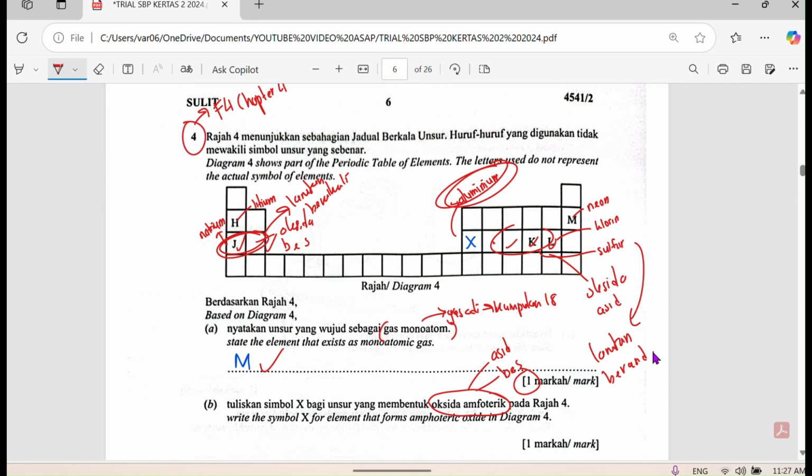Alright. So yeah, oksida amfoterik on the other hand, since it's both acid and base, it can react with either acid or base to form garam.